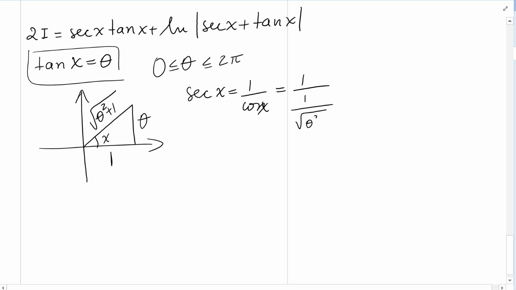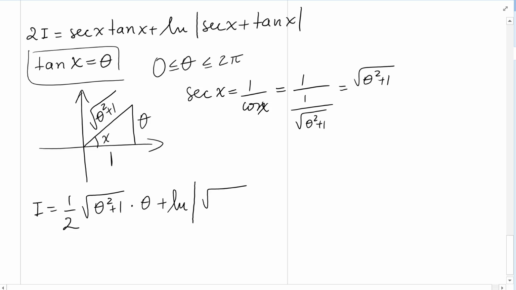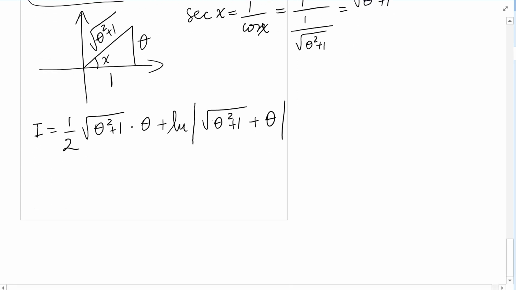So secant of x is the square root of theta squared plus 1. Tangent of x, we know it. So I equals 1/2 times secant of x, so the square root of theta squared plus 1, times tangent of x, which is theta, plus ln of absolute value of the square root of theta squared plus 1 plus theta.